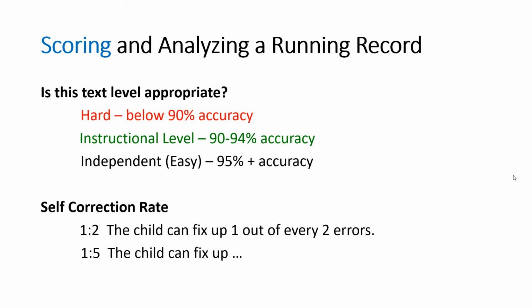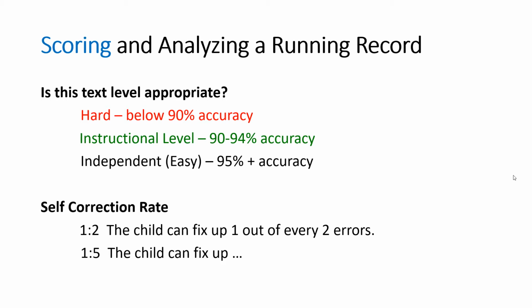We're also going to be able to tell the self-correction rate. The self-correction rate is very important. We all make miscues when we read. It's important to be able to fix them up, to notice them, and then fix them up. So we record that as a ratio. 1 to 2 means the child can fix up 1 out of every 2 errors that they make. 1 to 5 means the child can fix up 1 out of every 5 errors that they make.